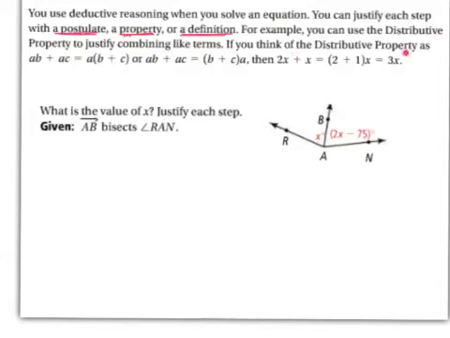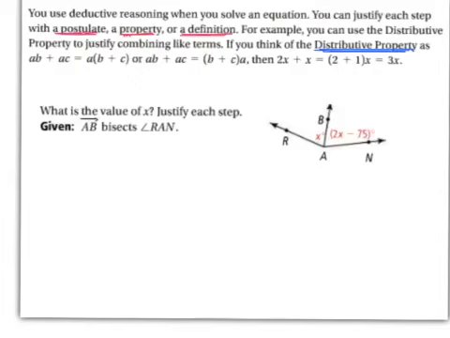If you think of the distributive property as AB plus AC, which is the same thing as A times B plus C, that means that 2x plus x is the same thing as 2 plus 1 times x, which would give you 3x. So whenever you're combining like terms, it's important to know your justification would most likely be the distributive property.